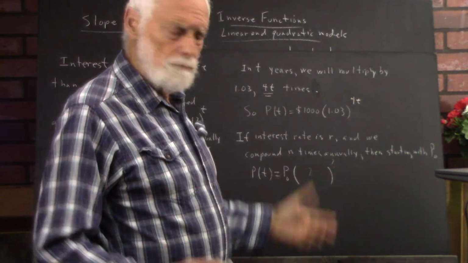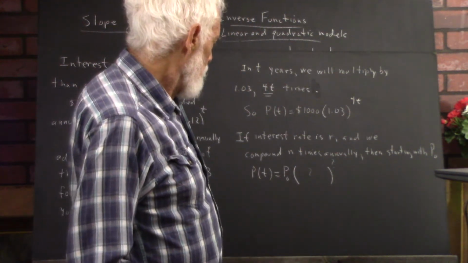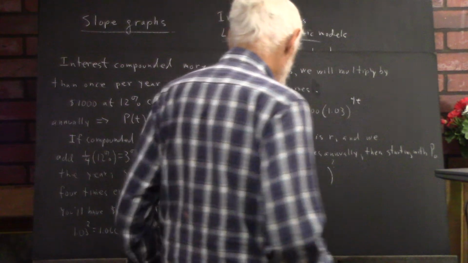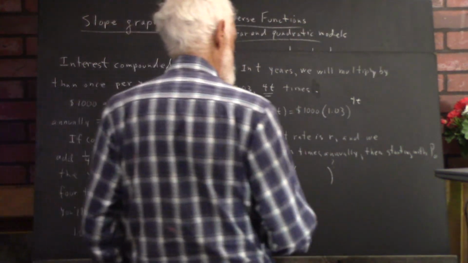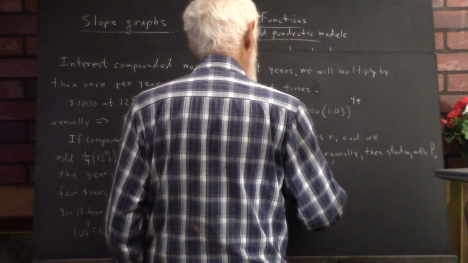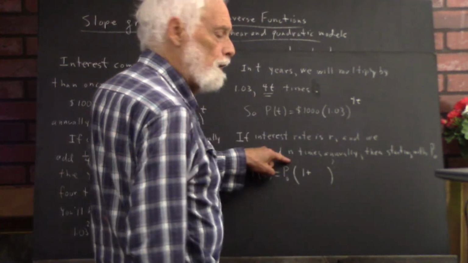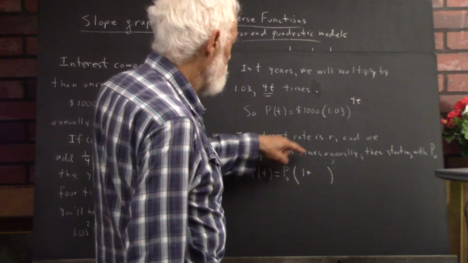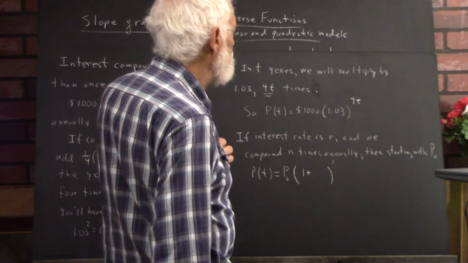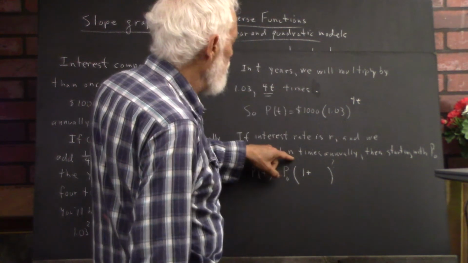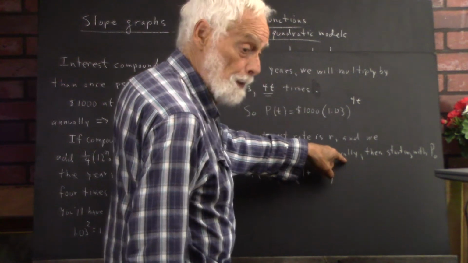So, think it through. And hopefully you have. We're going to multiply it by 1 plus whatever rate we have, whatever rate we have to multiply by for every one of the n annual compoundings.